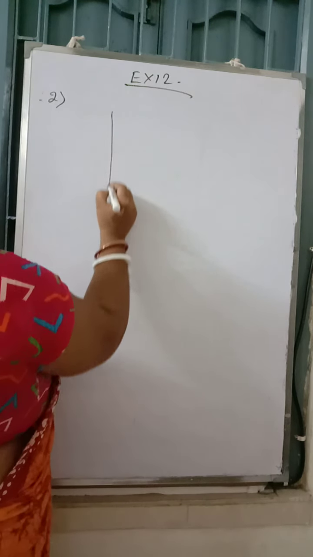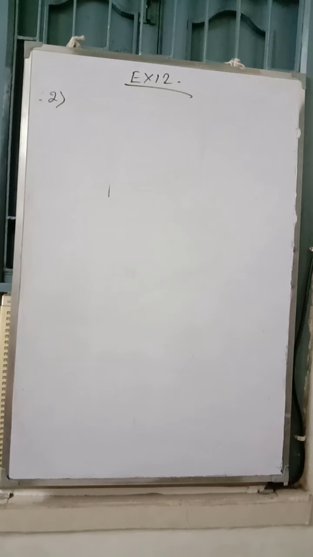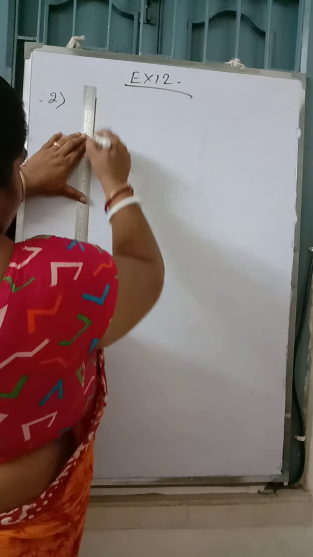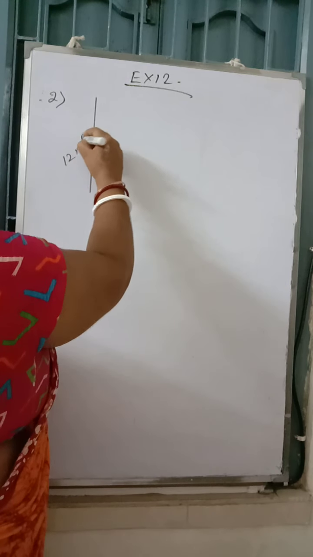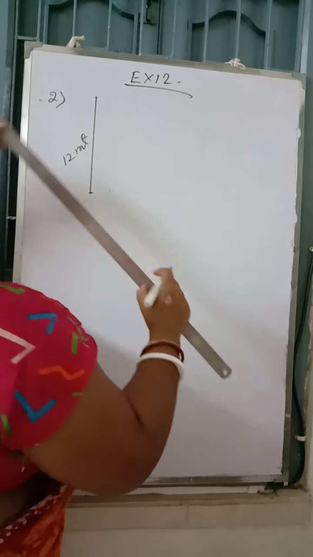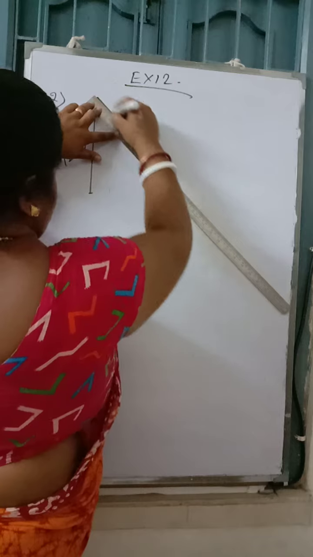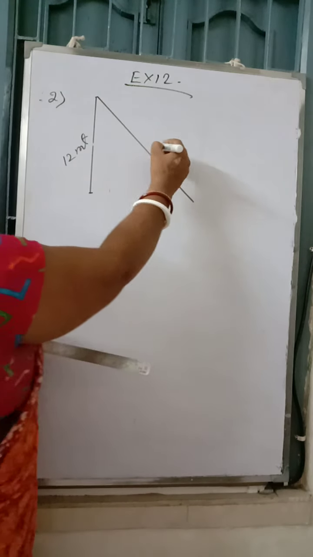Okay, this is the window. A window which is 12 meter high from the ground. Okay. Now a ladder which is 13 meter long placed against to reach the window.